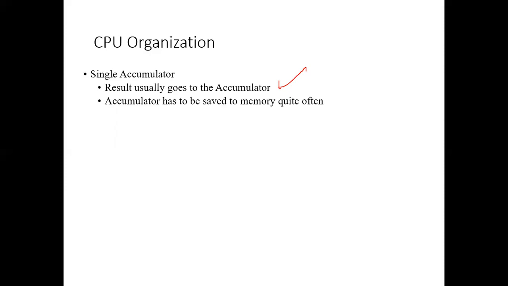These are called single address instructions. In a typical single address instruction, normally the result will go into the accumulator, and then you have to move the result from the accumulator to memory quite often. So this is one type of instruction where the result will always be stored in the accumulator.